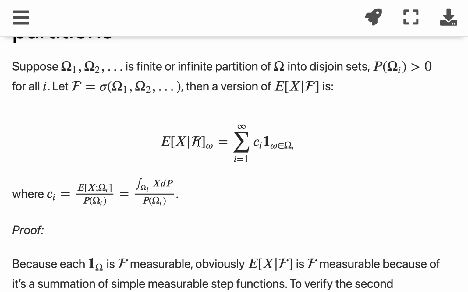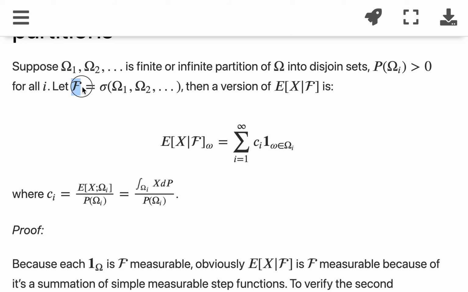Think about our case in elementary conditional lectures, where omega i is, for example, X is less than some constant c.